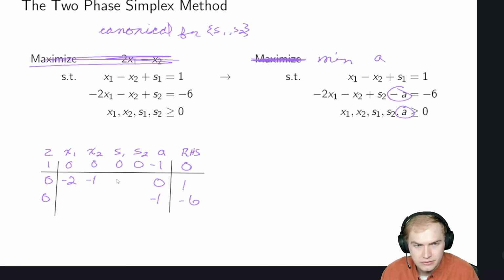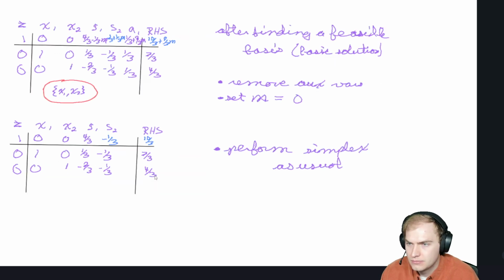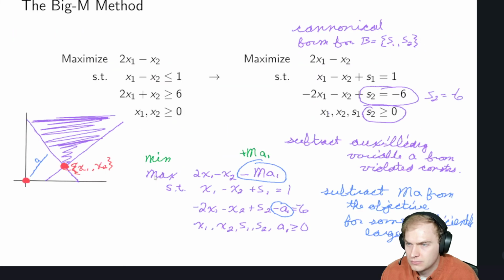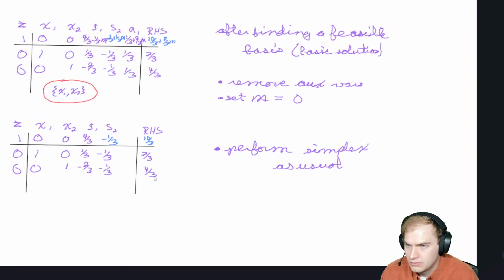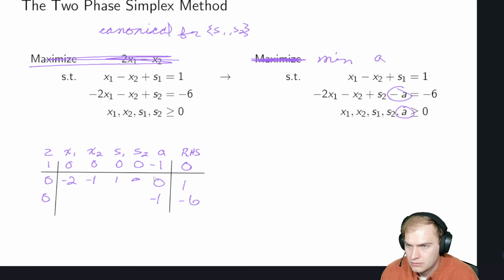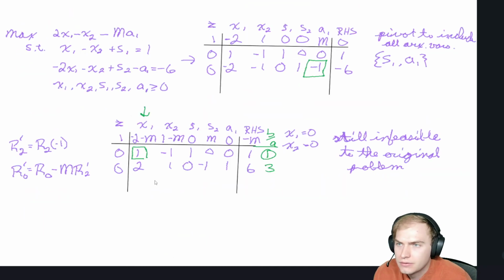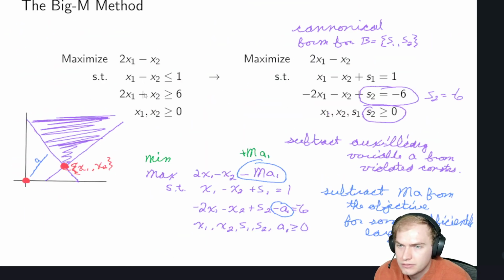Don't need a plus. Is this the same? Error, I think. Yeah.